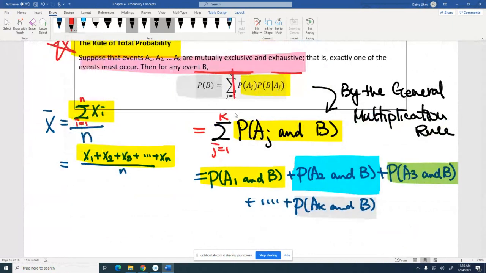Here. The sum of probability of Aj times conditional probability of B given Aj. Exactly the sum of the multiplication is in the denominator.